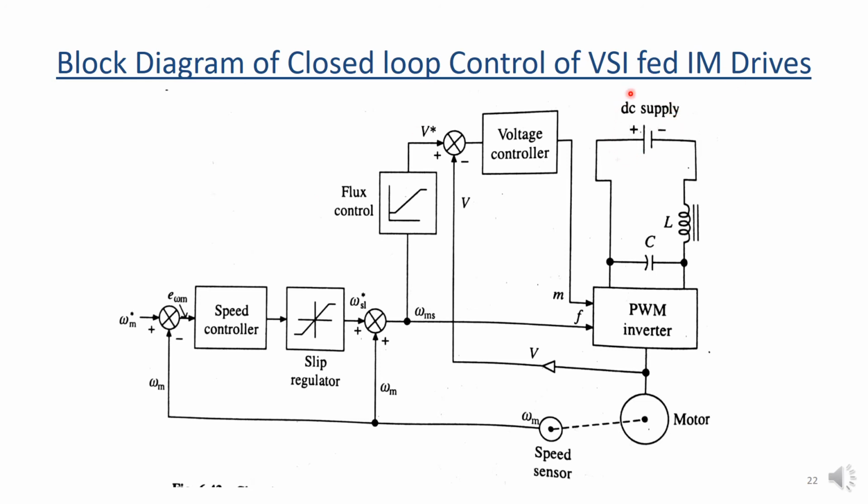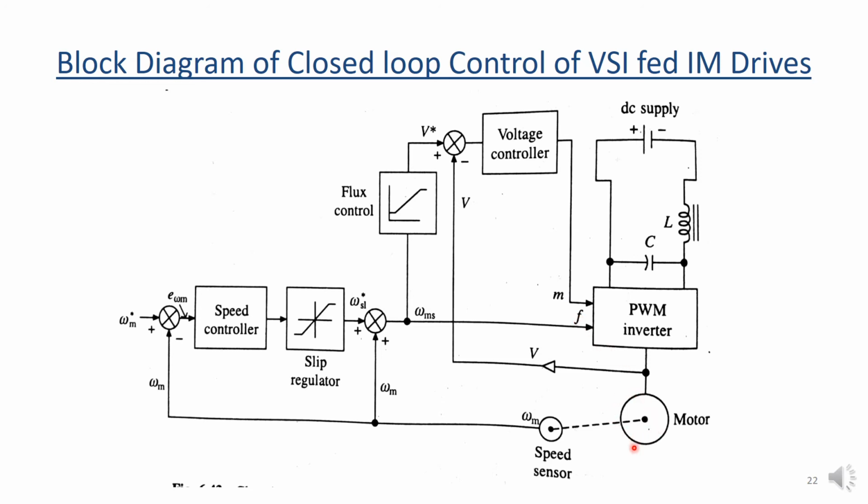So we have a DC supply here. The DC supply is given to the PWM inverter via an LC filter. The output of the PWM inverter is given to the induction motor. The control inputs of the PWM inverter are M and F. M is the modulation index, F is the frequency.